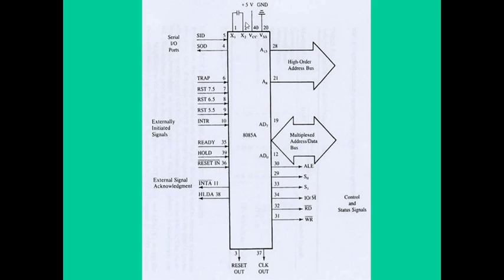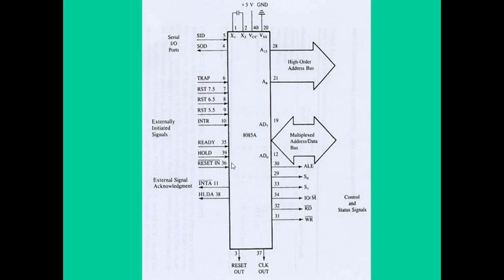The frequency is internally divided by 2. Therefore, to operate a system at 3 MHz, the crystal should have a frequency of 6 MHz. Clock out, that is clock output. This signal can be used as a system clock for other devices.